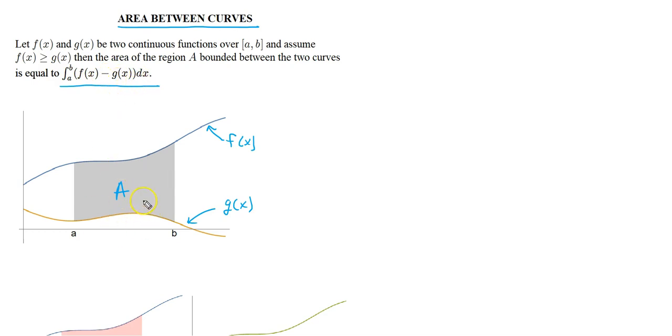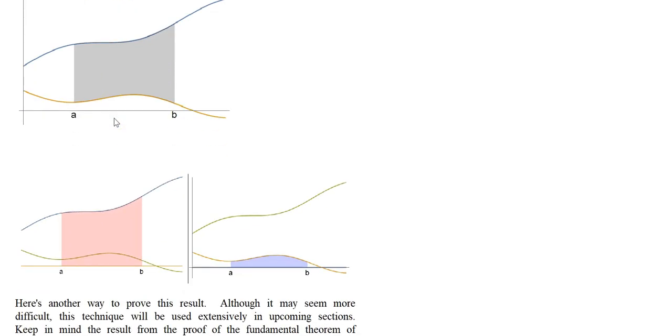Now this result is pretty easy to see graphically if we take a look at this. If we want to evaluate this area A, and verify the result that we just stated, the integral of f minus g, just take note of this.